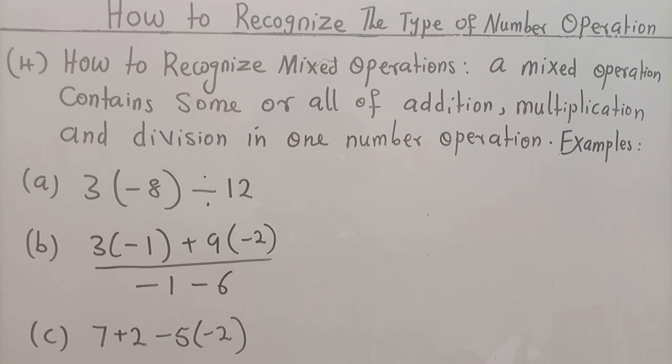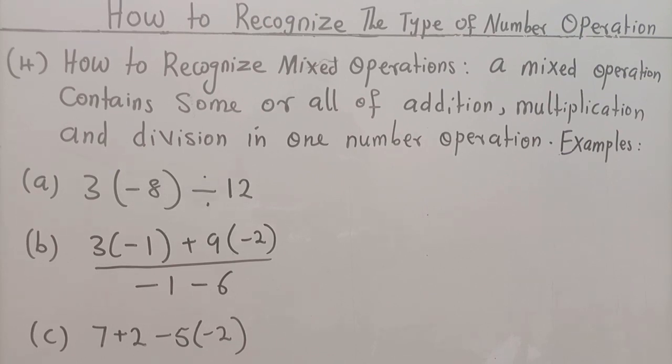We've learned earlier how to know that what is required is only addition, only multiplication, or only division. Now, if you see each of these things mixed up, are we going to know? Certainly, we should know that what is now required is no longer a pure addition, a pure multiplication, or a pure division, but a combination of either some or all of them. These 3 examples will highlight the point.